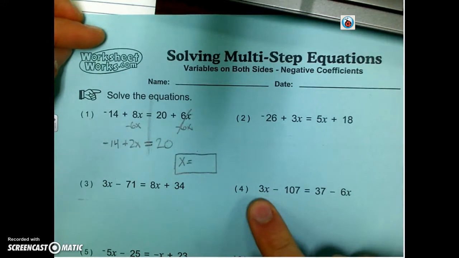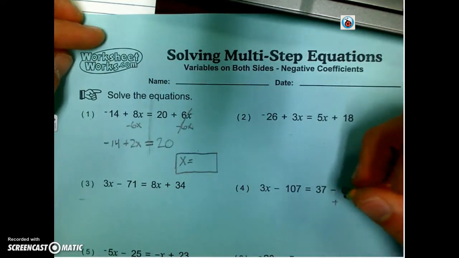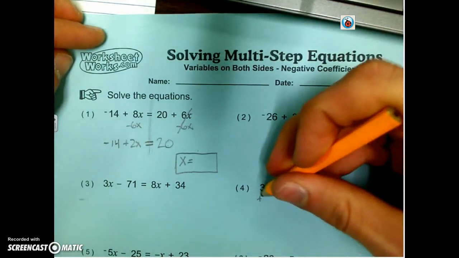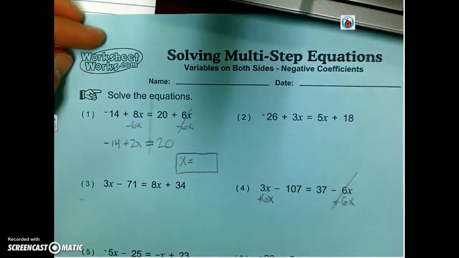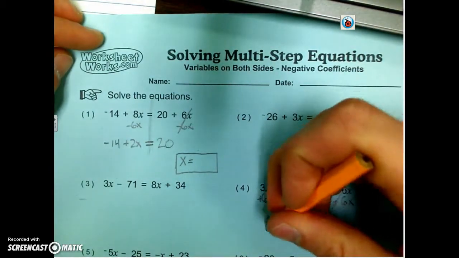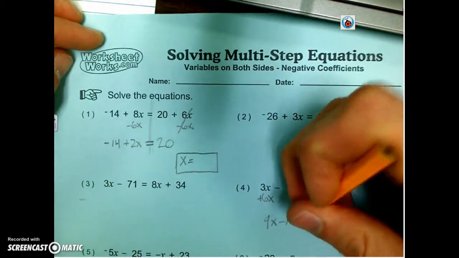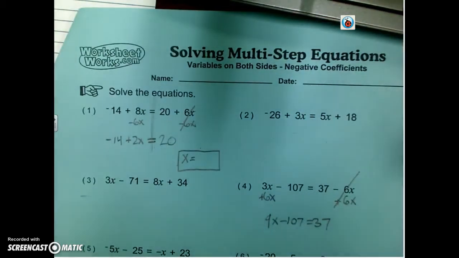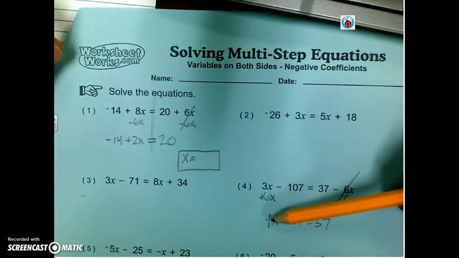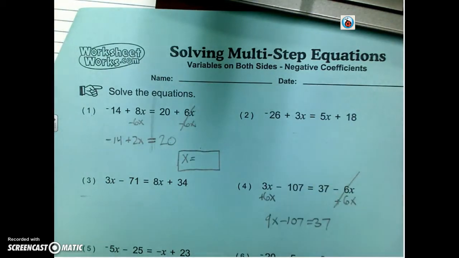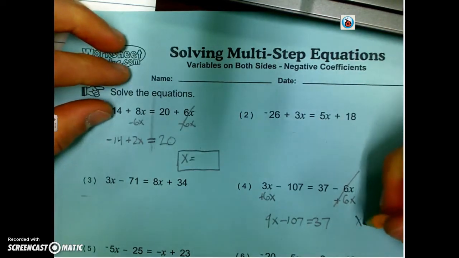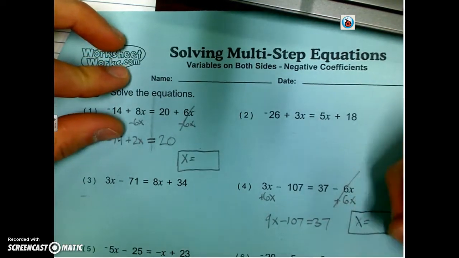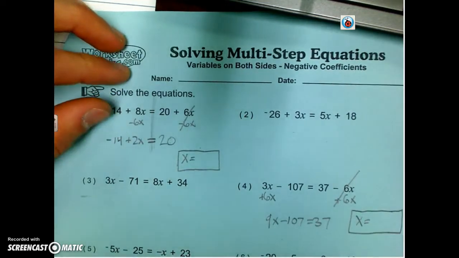You can either subtract 3x from both sides, or if you wanted to, you could also add 6x to both sides, and that would work too. The whole point of dealing with the variables on both sides is because now we only have our variable on one side, and we can solve this using a two-step equation. So you'll finish solving it, and you'll get that your x is equal to some type of final answer.